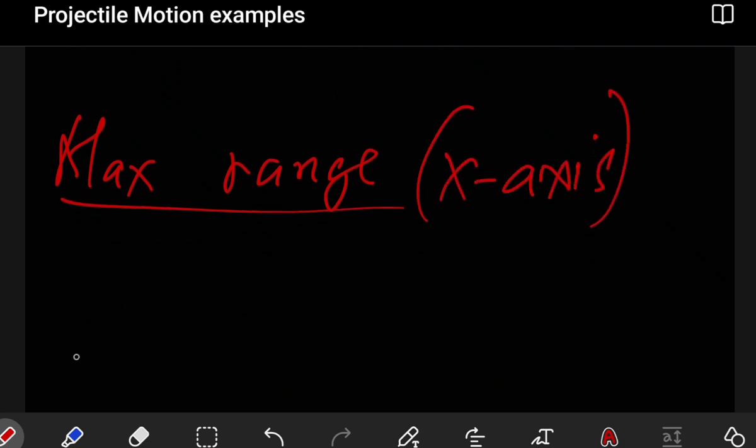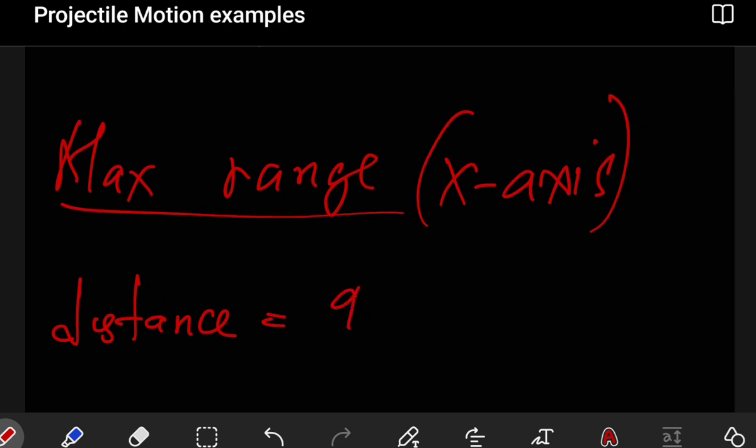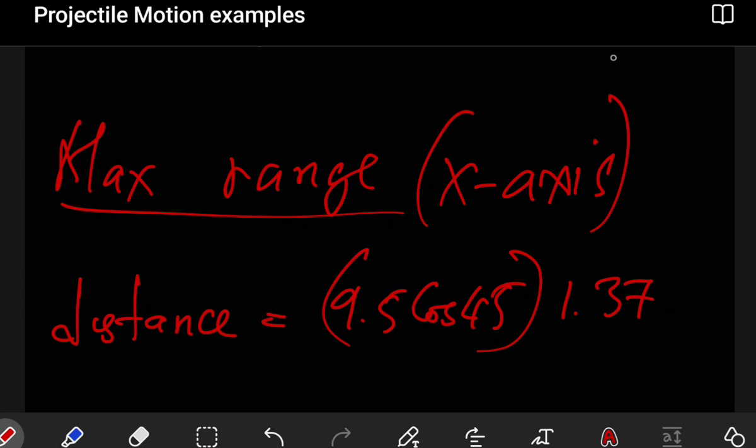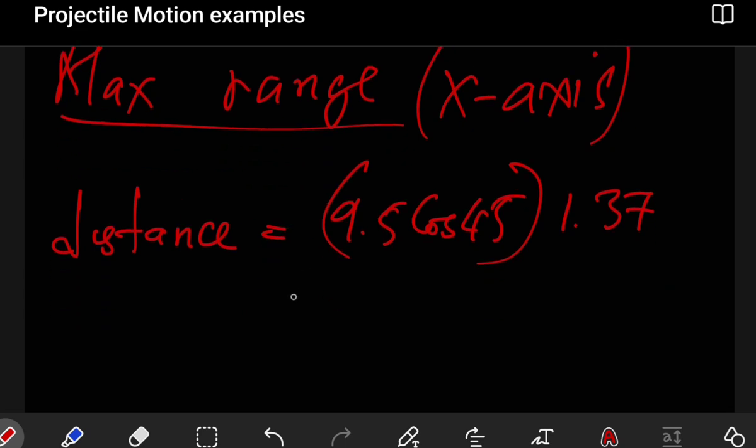Well, in the x-axis, we know speed equals distance over time, so the distance, which is the maximum range, will be equal to the speed. The speed is just the x component, which is 9.5 cos 45, as we saw earlier, multiplied by the total time, 1.37. So when we multiply this, we get 9.21 meters. So this becomes the maximum range that he could have achieved.